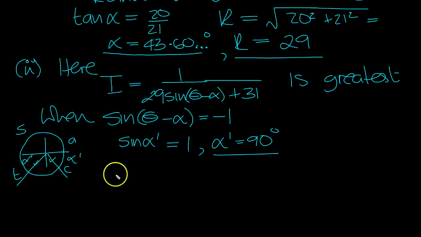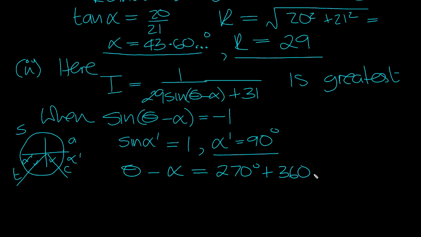So we've got 270 degrees. So sine theta minus alpha, so theta minus alpha then must equal 270 degrees. Theta minus alpha is equal to 270 degrees plus 360n degrees. N is equal to 0, 1, plus minus.